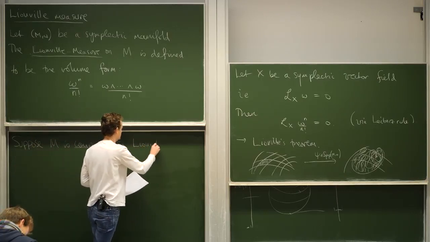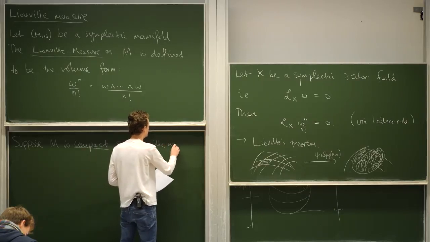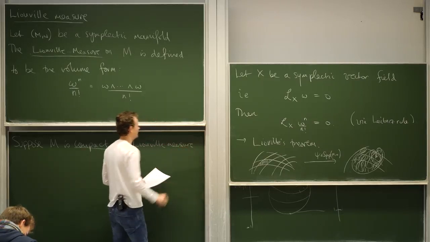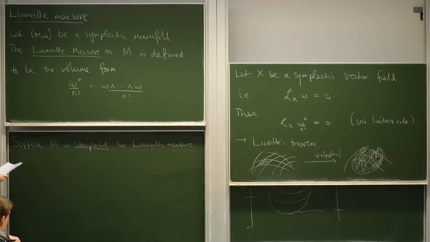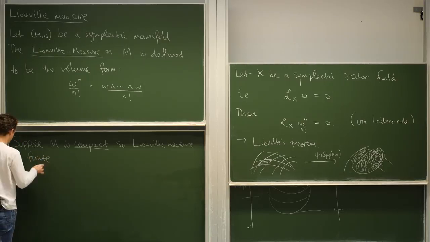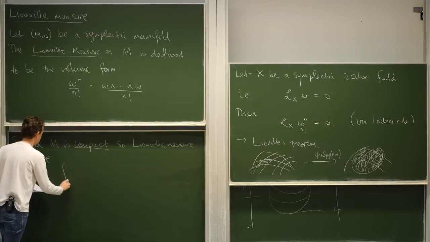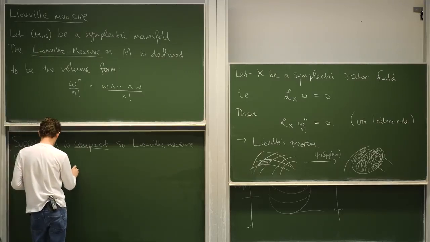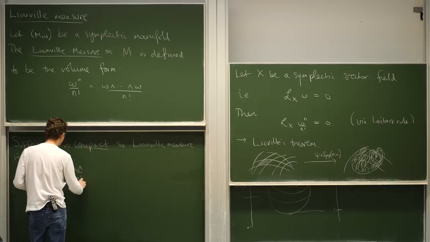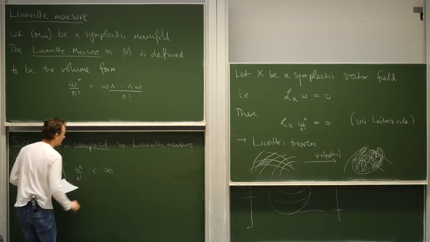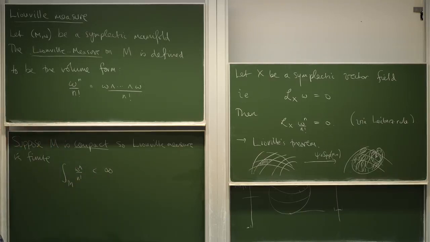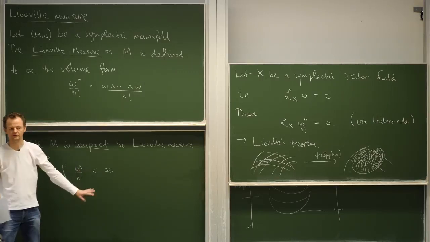This has some very important consequences. One of them is that the Liouville measure becomes finite. This will help us tremendously, although everything ends up being generalizable to the non-compact case, but let's just make our lives a little bit easier. So you can integrate the Liouville measure over the whole manifold, and you just get a number, and it's not infinity.